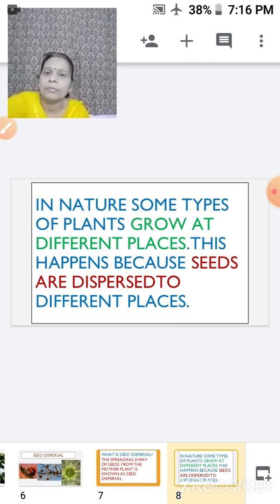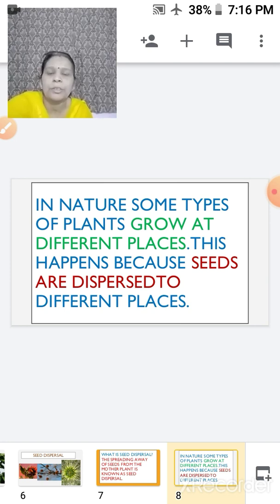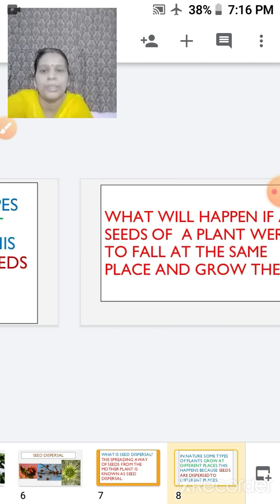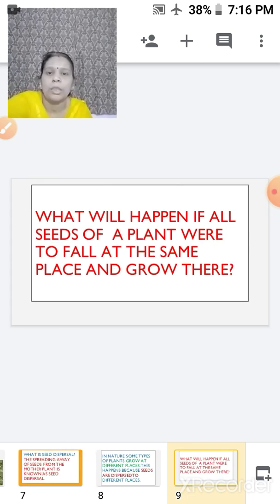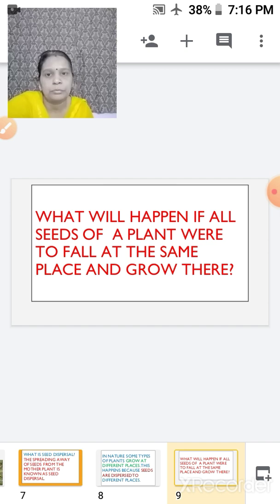In nature, some types of plants grow at different places. This happens because their seeds are dispersed to different places. Now, what will happen if all the seeds of a plant were to fall at the same place and grow there?